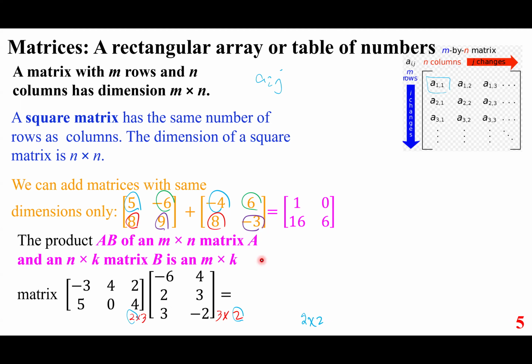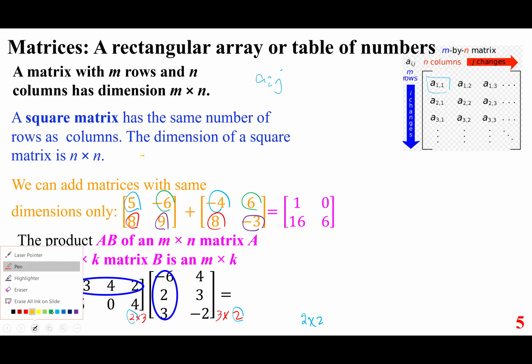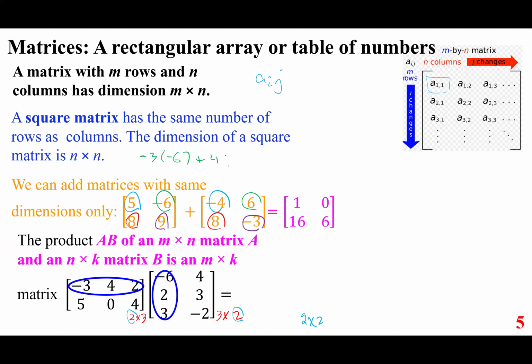So to get an idea, -3 times -6 plus 4 times 2 plus 2 times 3. We have 18 plus 8 plus 6, and the answer is 32. So the very first entry is 32, everybody.